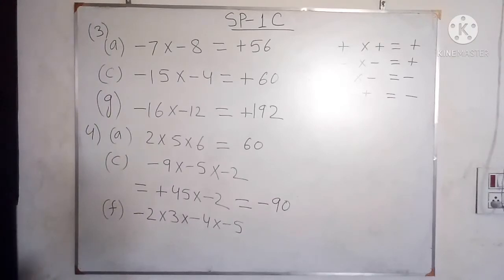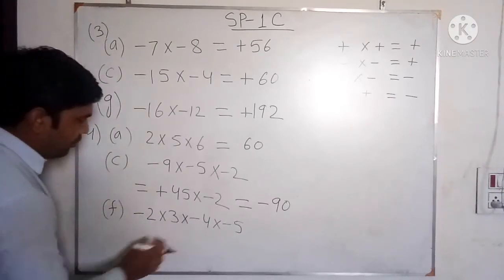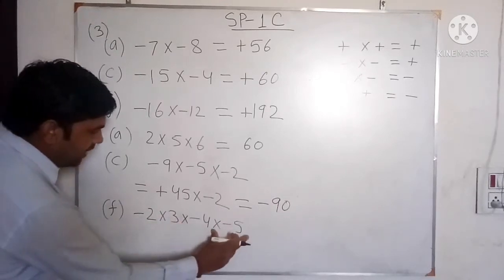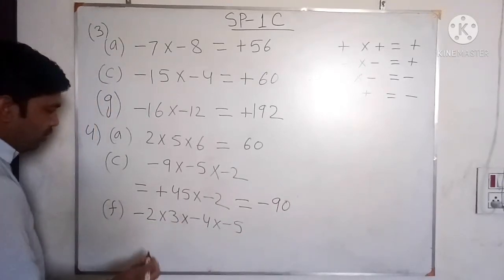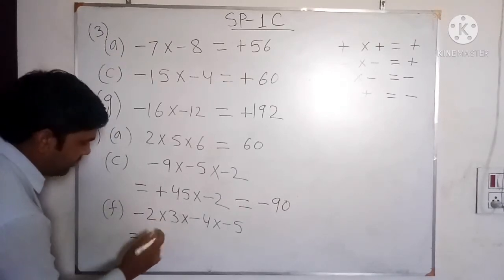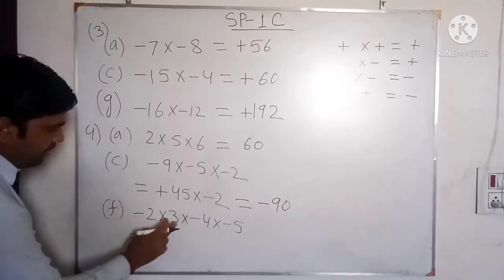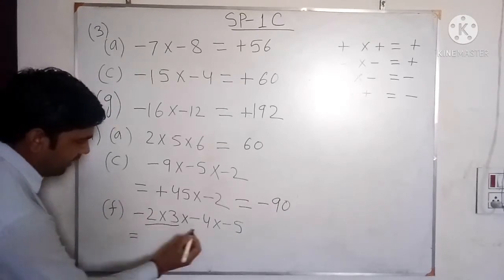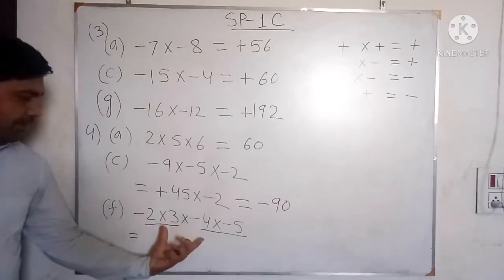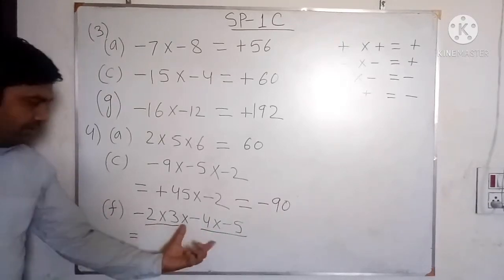Here see the 4 numbers are there. So here we make a group of 2 integers. First you multiply these 2 and after that we multiply these 2. So first group will be what? Minus 2 multiply 3. This 2 group I will make. You multiply the first group, and after that we multiply the other group, and when we get the product, then we multiply these two products of these 2 groups.